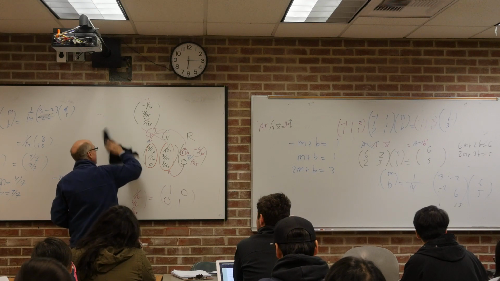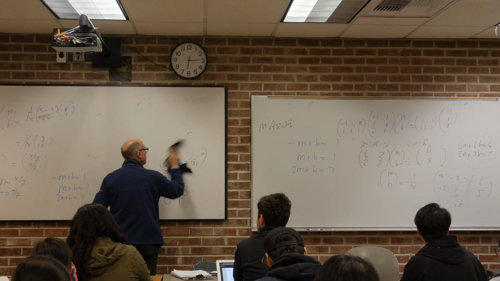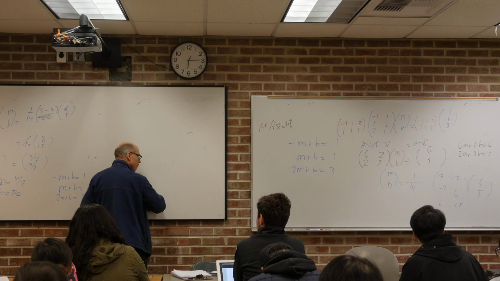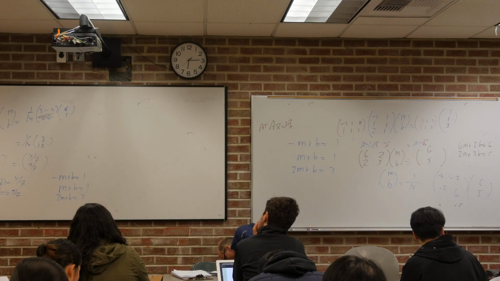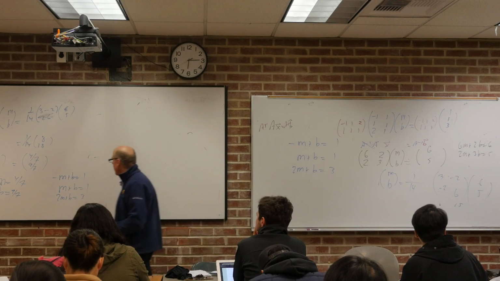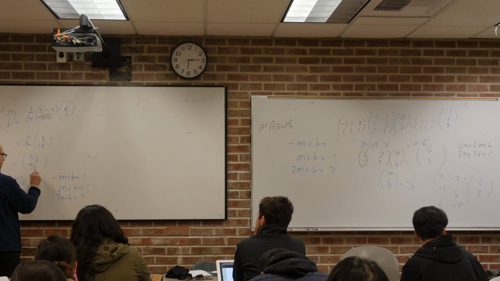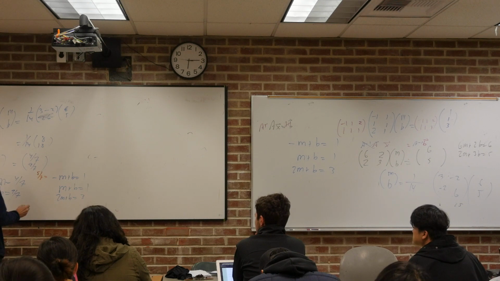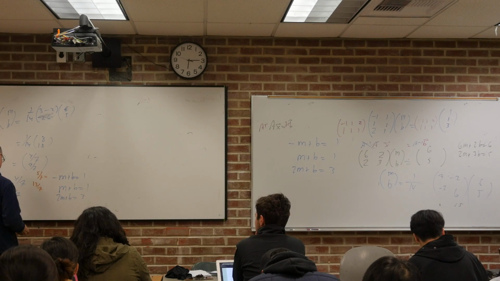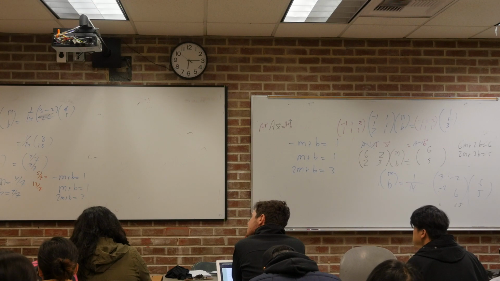So let's see how we did. You know, the picture here is important. So if I do negative m plus b, I get 5 over 7. If I do m plus b, that is 13 over 7. And 2m plus b is what? 17 sevenths.